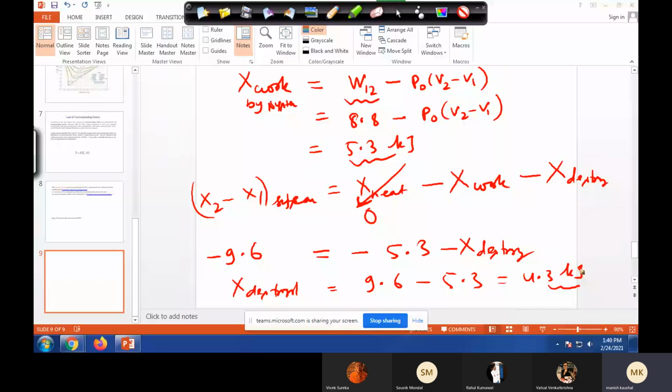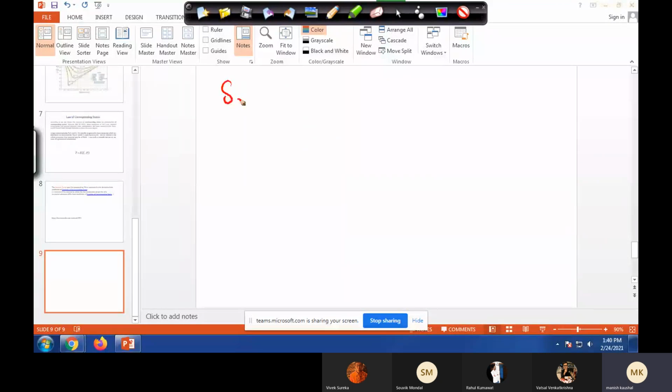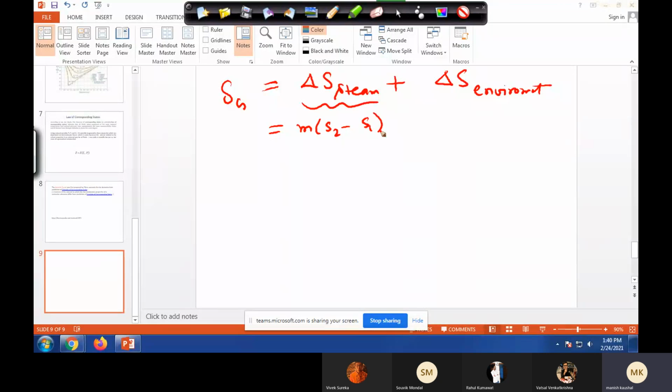Now, if you have any doubt and want to check whether the answer is correct or not, very simple. Calculate S generation. If you want to calculate S generation, it is delta S of steam plus delta S of environment. Delta S of steam you can calculate because you know state 1 and state 2, so it's simply m times S2 minus S1. And delta S environment is a reservoir.